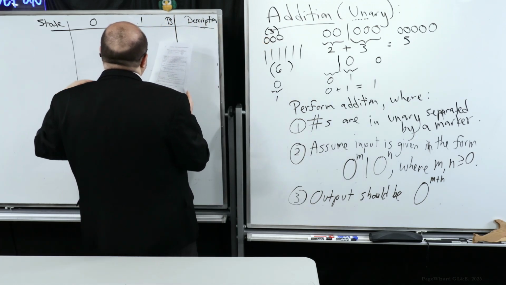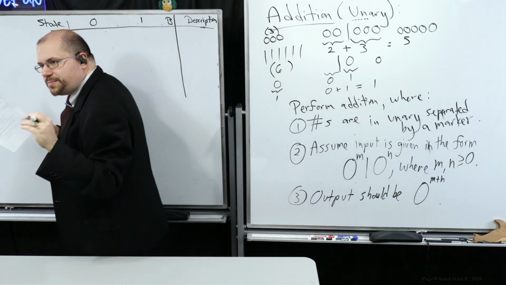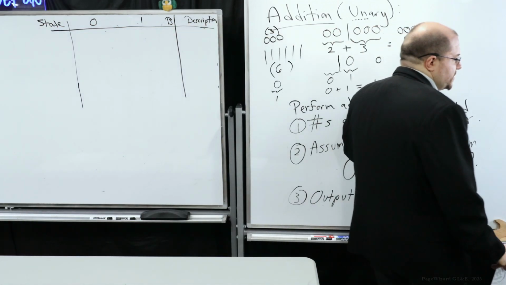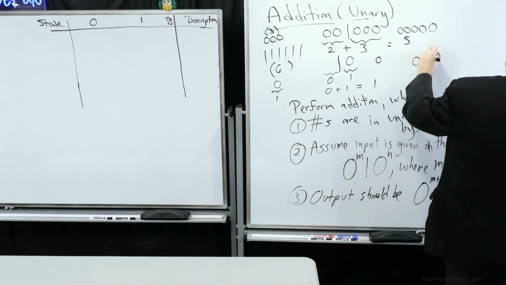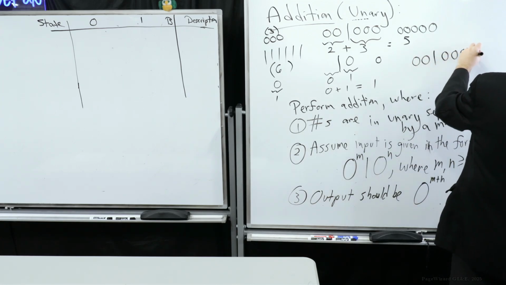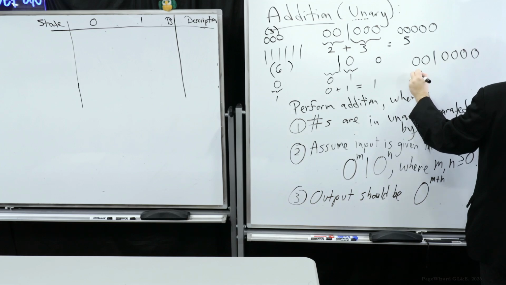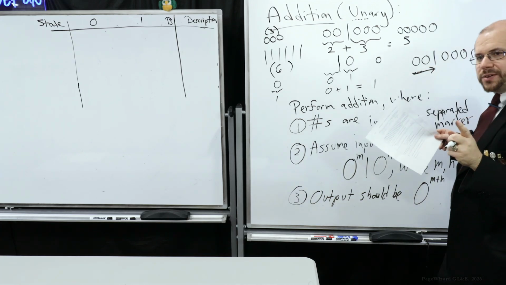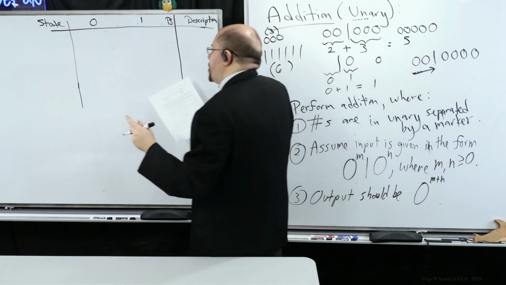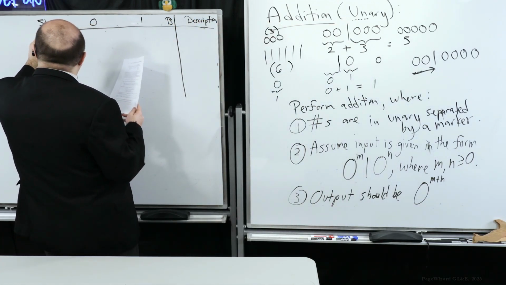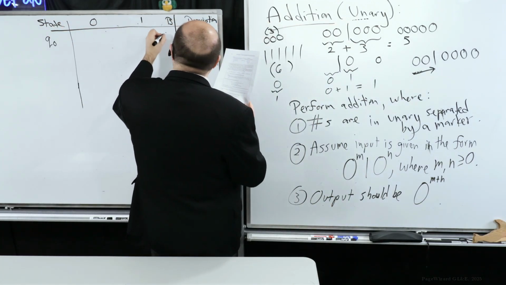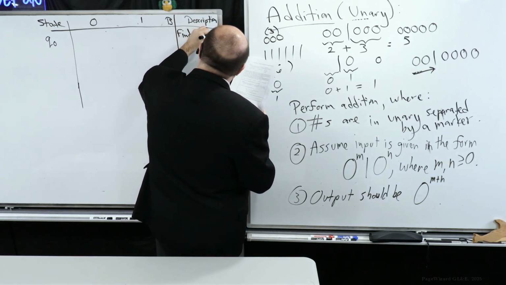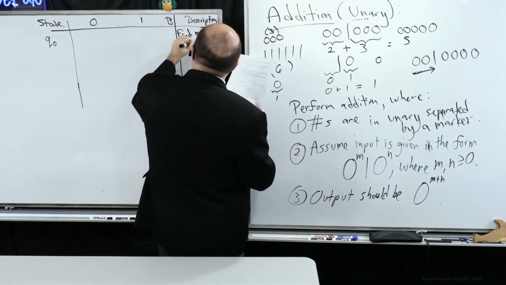Now remember, let's walk through this process again. What did I do? The first thing I did was find the marker or separator, right? That's the first job I have. So that's maybe the first state's job. So for Q0, what I'm going to do is find the marker, and we're going to make it 0.